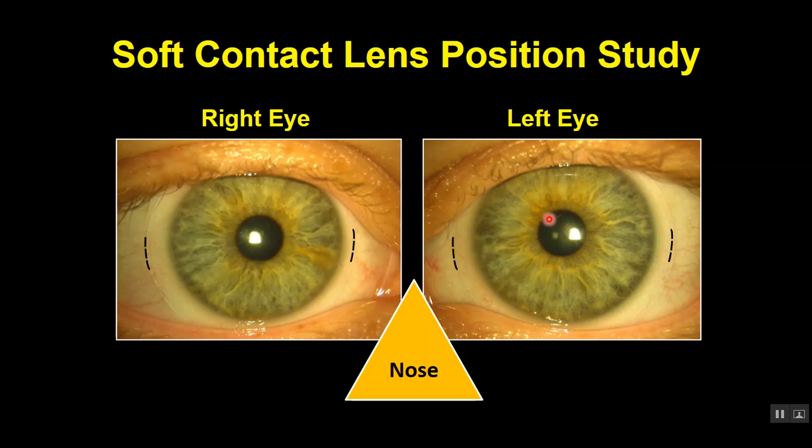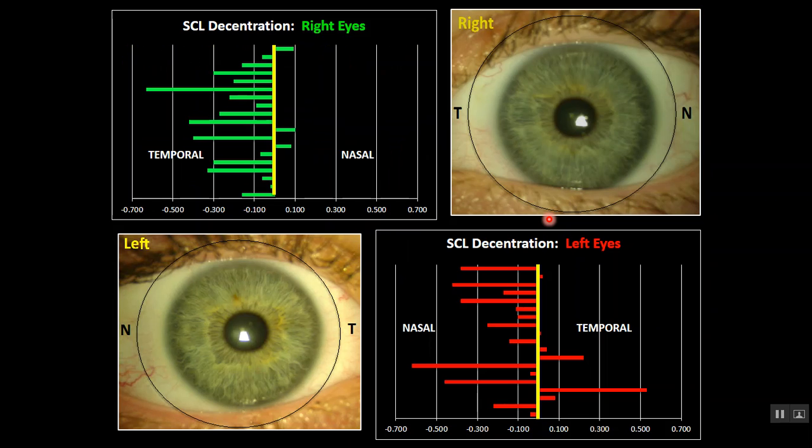Now, if we look at the position of soft lenses, are they actually centered to the cornea, to the pupil, to the visual axis? And in this study at Pacific University, it was found that the vast majority of soft lenses on the right eyes tended to decenter slightly temporal.